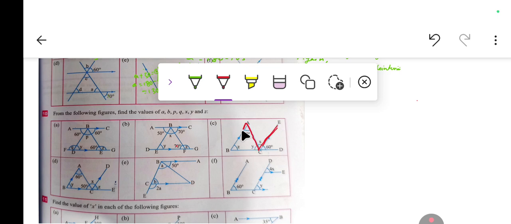This Z shape. So if this is 50, x is also equal to 50 degrees, being alternate angles.